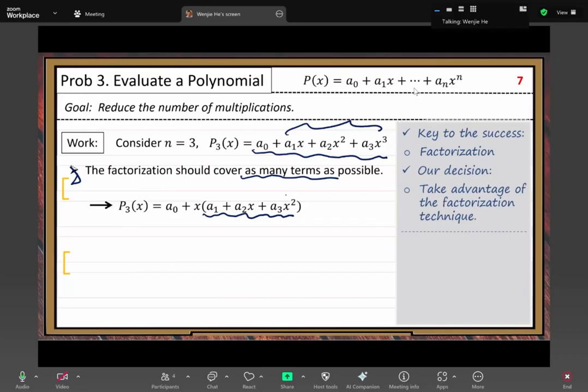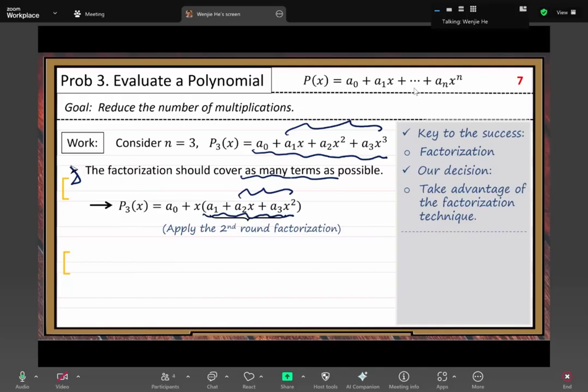Can you do another round factorization to cover as many terms as possible? Right? Not all 3 terms. How about two of the 3 terms? Yeah. You can see we can do another round factorization on the last 2 terms inside the parenthesis. Okay? All right. So let's do second round factorization.